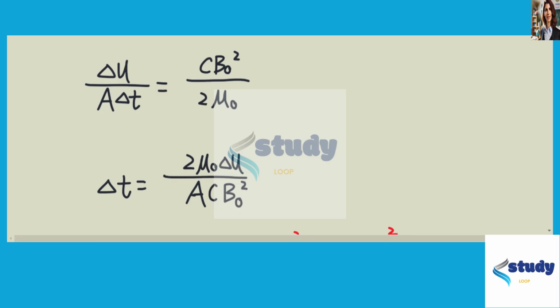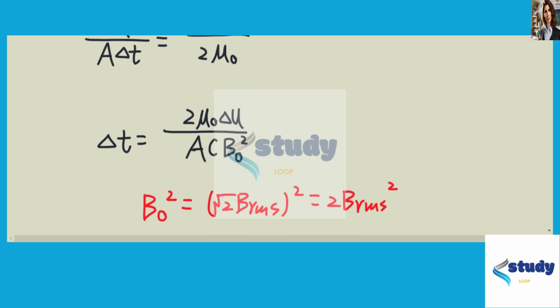If we do some rearrangement here, we'll have ΔT equal to 2μ0 times ΔU over A c B0². And we know the peak magnetic field strength can be equal to square root 2 times the root mean square magnetic field strength, which means that B0² will be equal to (√2 B_RMS)², which is equal to 2 B_RMS².